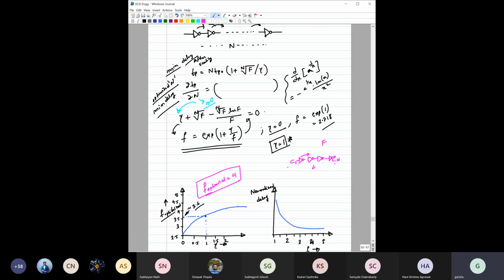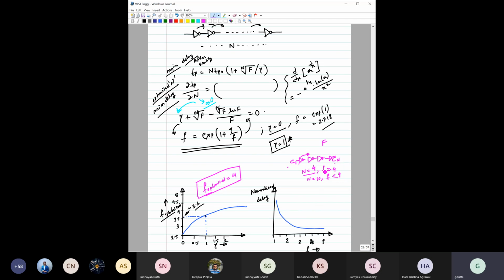Suppose if I choose n equal to 4, and that will help me to make f close to 4, then I will choose n equal to 2. Suppose if I choose n equal to 10, probably that would make f much less than 4, which is again not a good optimized way to design it.